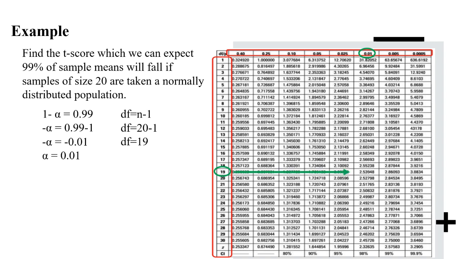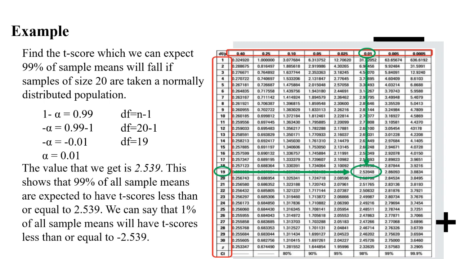The value that we get is 2.53948. This shows that 99% of the sample means are expected to have t-scores less than or equal to 2.539. We can say that 1% of the sample means will have t-scores less than or equal to negative 2.539.